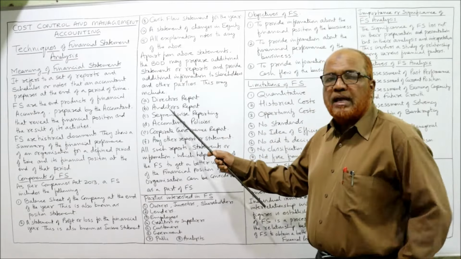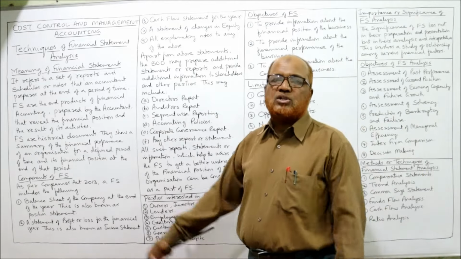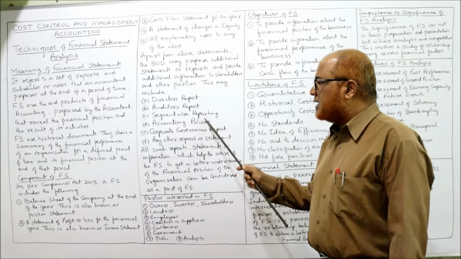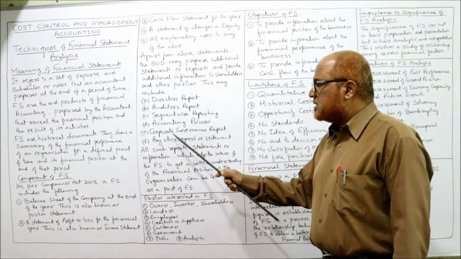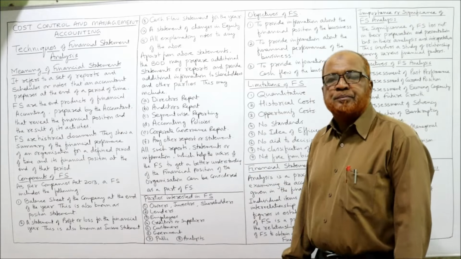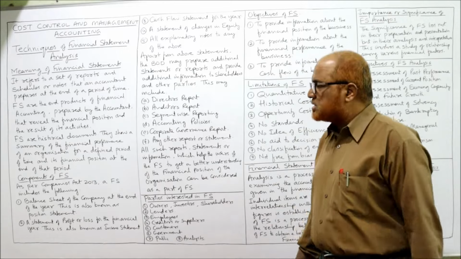Now this may include director's report. What are the other things which come under financial statements? Directors report, auditors report, segment-wise reporting, accounting policies, corporate governance report, or any other report or statement. So all these will come within the ambit of financial statements.